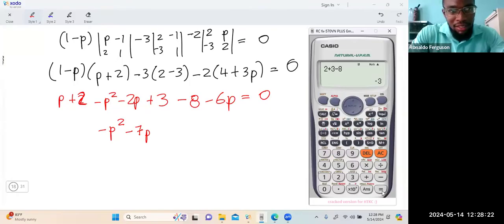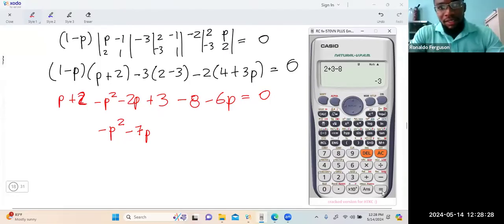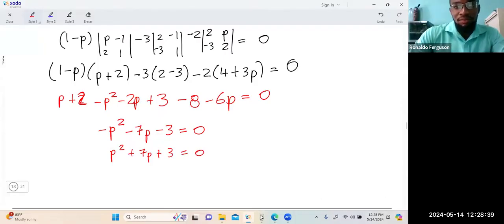That's negative 3 equals 0. Multiply through, that's p squared plus 7p plus 3 equals 0. I doubt this is right because they tend to not give you weird values for p. I'm just going to check it over again.